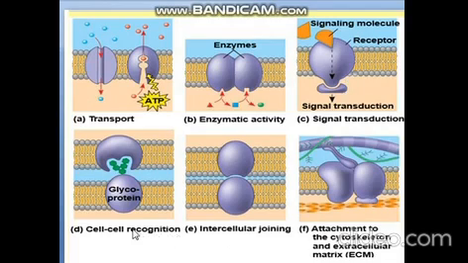And then cell to cell recognition. I told you about the glycoproteins, where carbohydrates are attached to the proteins that are embedded on the cell. These carbohydrate molecules always perform the function of recognition. For example, here this may be an immune cell, and this glycoprotein is present on a non-immune cell.